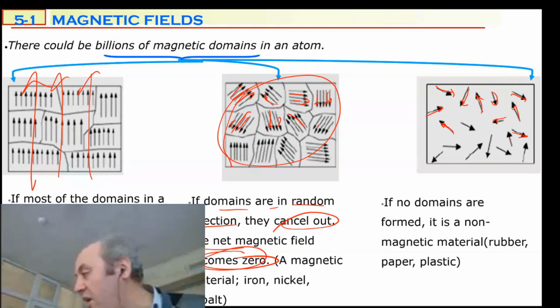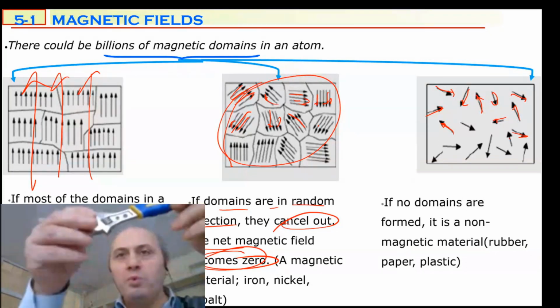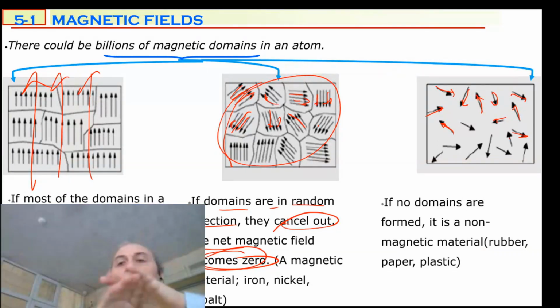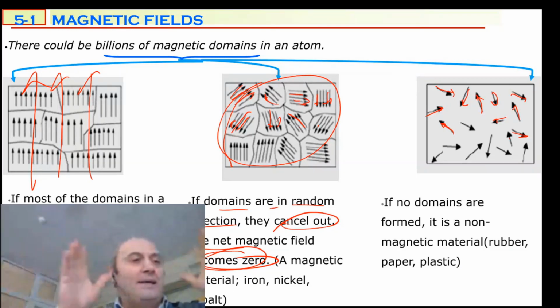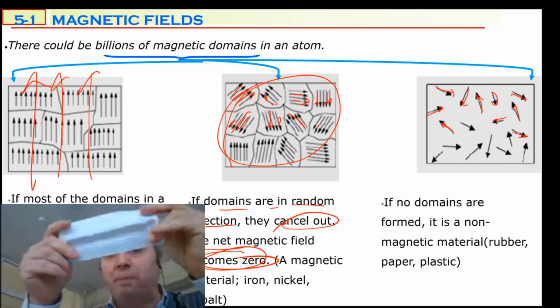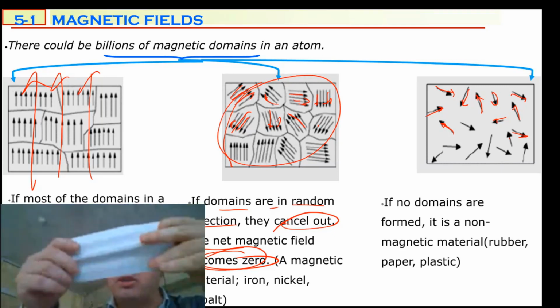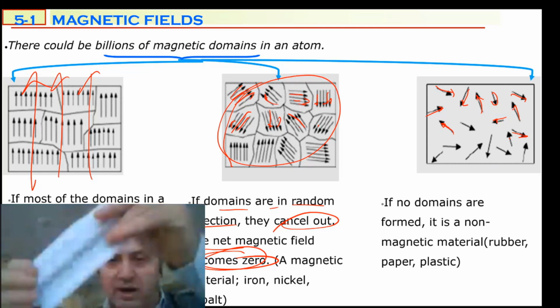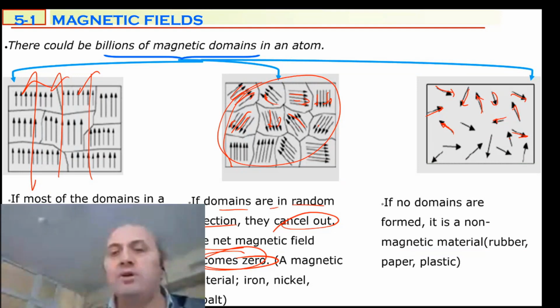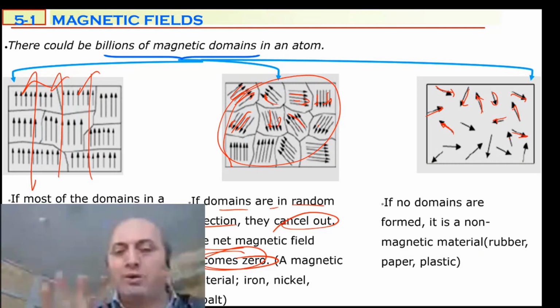It is just like the iron in my hand. It's iron, so it's not a magnet. The third is no domains, just individual atoms with random directions. This is paper or plastic or other non-magnetic materials. These are the three kinds of materials I explained, according to the direction of domains or whether domains exist or not.